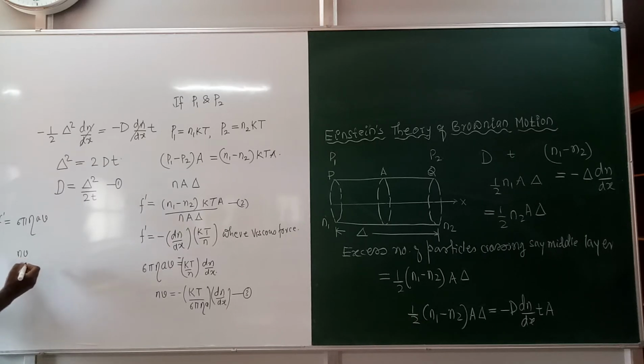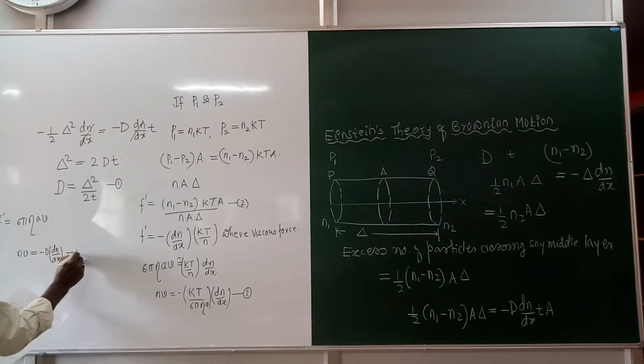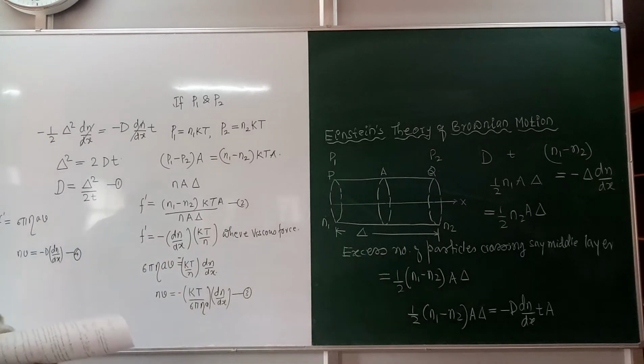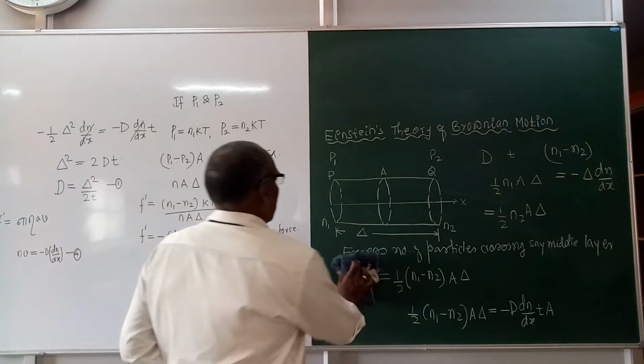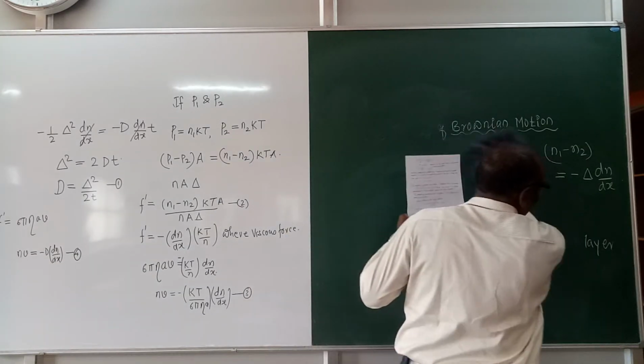So the number of particles moving per unit area per second to the right is equal to, according to the definition, minus D dN by dx, from the definition of diffusion in transport phenomena. Once I get this as equation number 4, I will pass on to the next step.